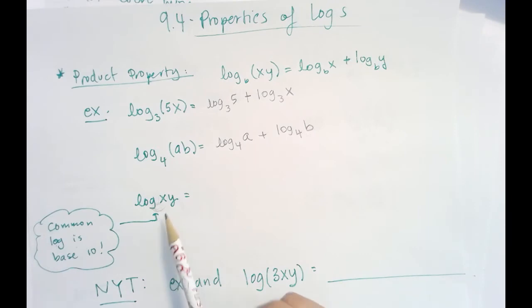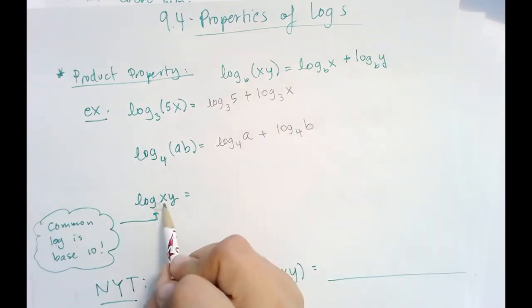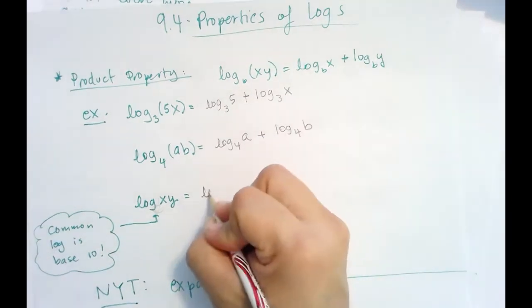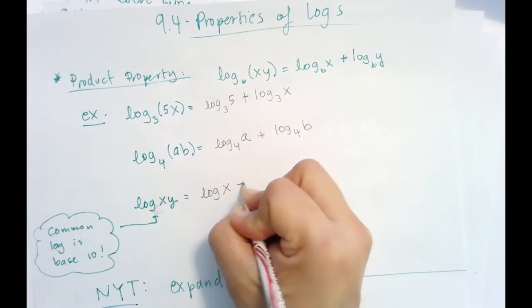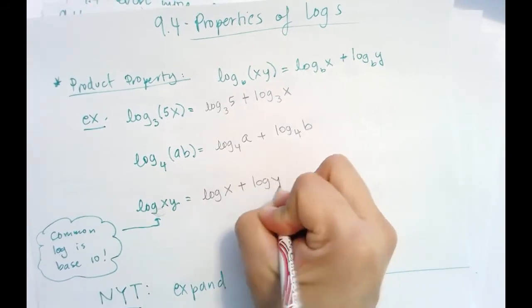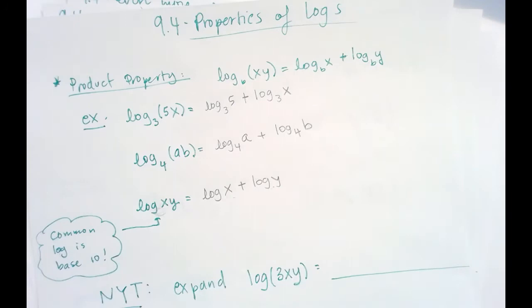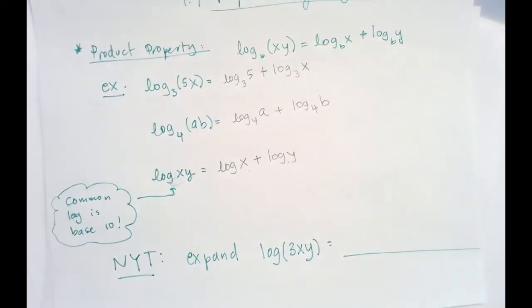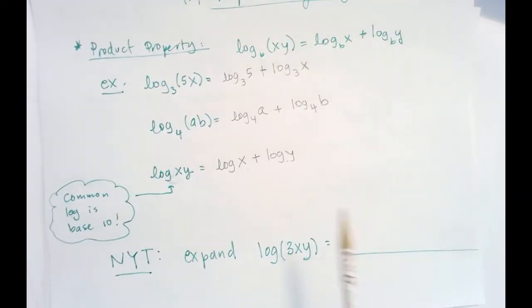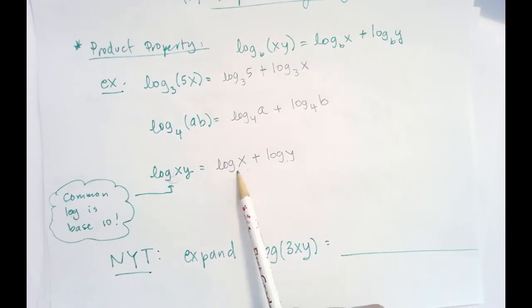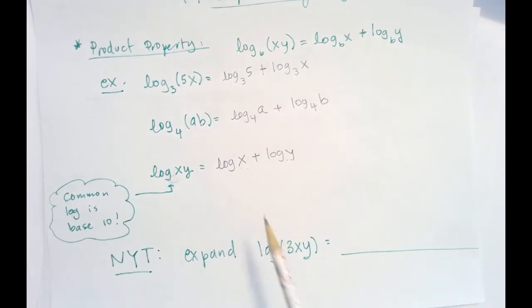This is called a common log. So anyway, this is log of the product xy. And we will rewrite this as log of x plus log of y, knowing that since there's nothing here, it's base 10. I'm just going to use them interchangeably, so just don't get confused if you don't see a base. That just means that I assume it's 10.